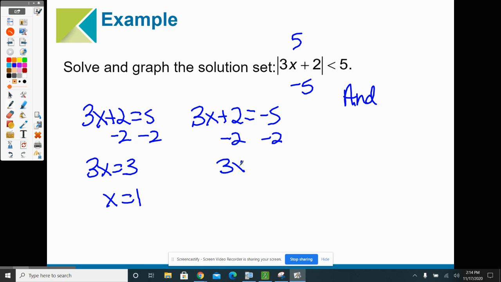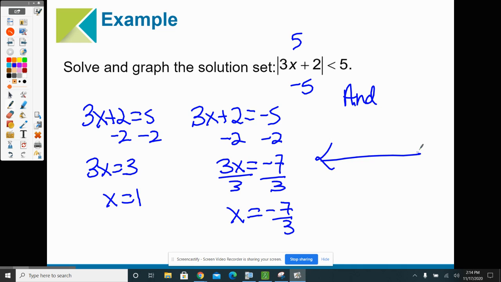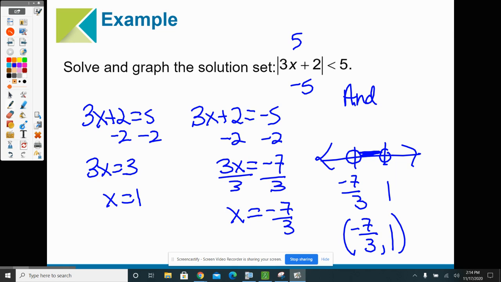Subtract 2 from the other one, I get 3x is -7, divide by 3, and x equals -7/3 for the other. Small number on the left, big number on the right. So -7/3 and 1. Open circles because it's not equal to, and goes in the middle. So you just write what your answer is. It's a parenthesis because it's not a square bracket, small number, to the big number, also a parenthesis.